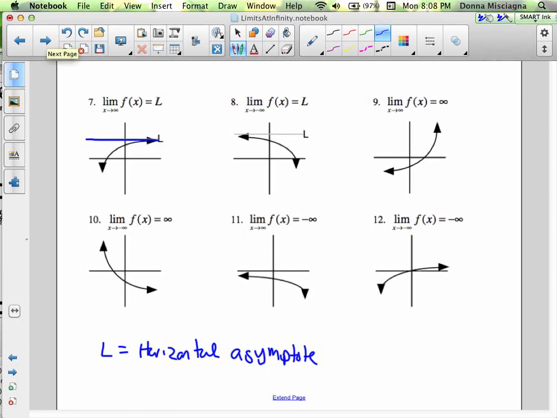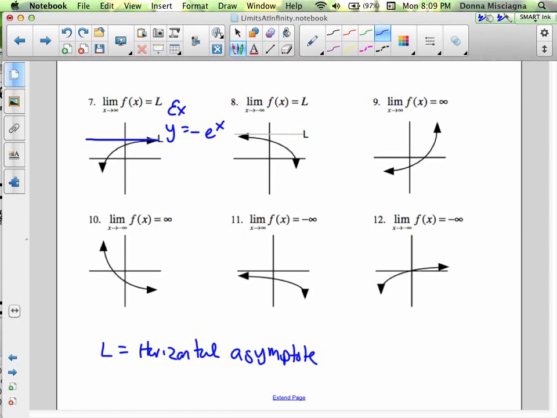Right, and so an example of a function that would look just like that would be, for instance, y equals, however, what I'm thinking of involves an e. So y equals, this is an example, y equals negative e to the x. Right?